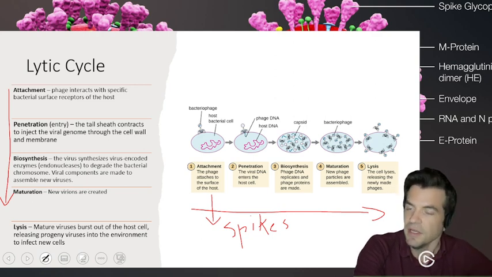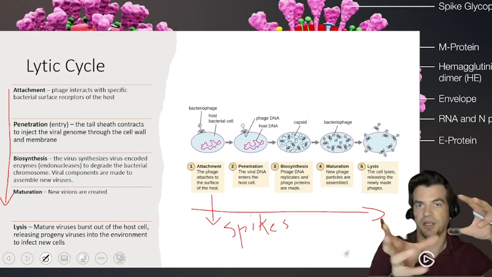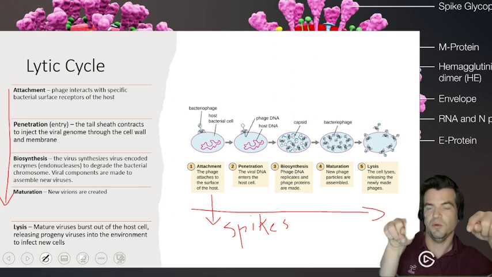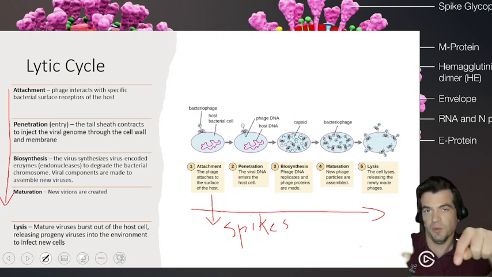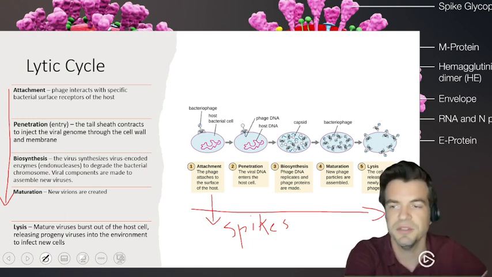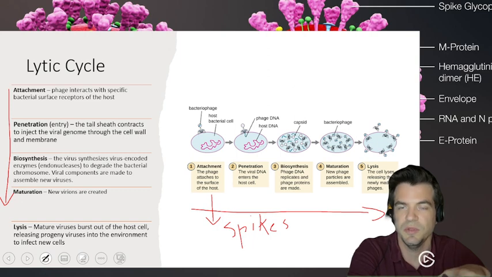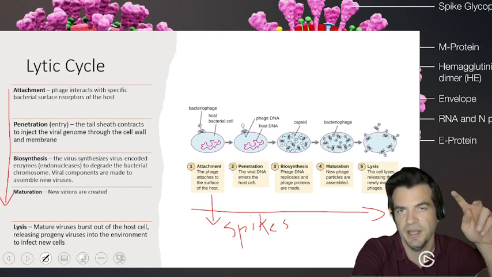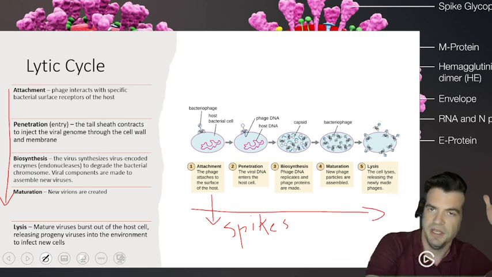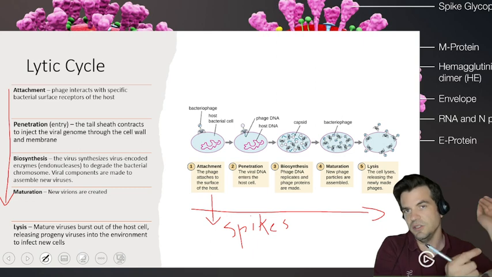Okay, now that we have attached, attachment is connecting to key receptors on its host. Okay, remember, it can only target specific hosts, and that's why those receptors on the outside are very specific to the virus. The virus now is able to attach with its spikes, and then it will penetrate, and that just means that the DNA will be able to go through any membrane and any cell wall and into the cytoplasm.